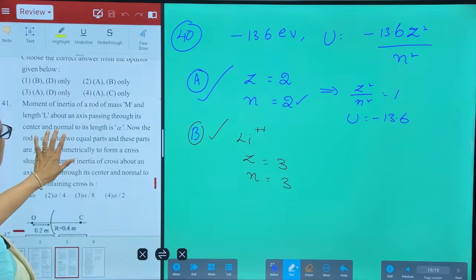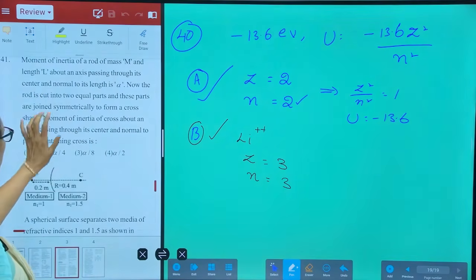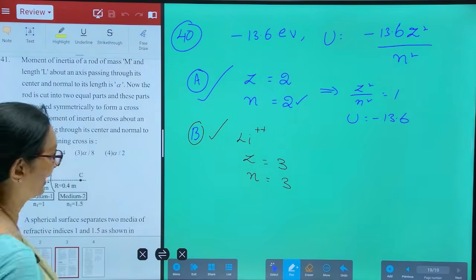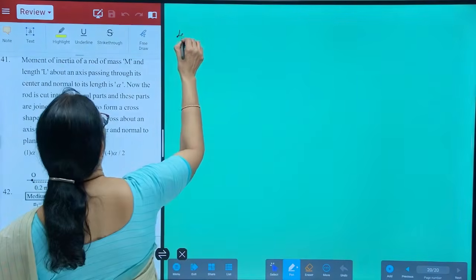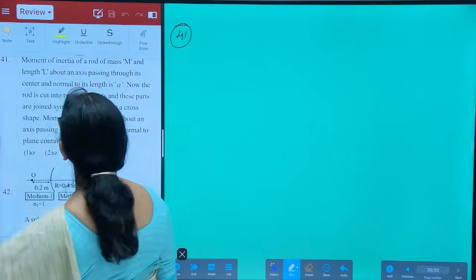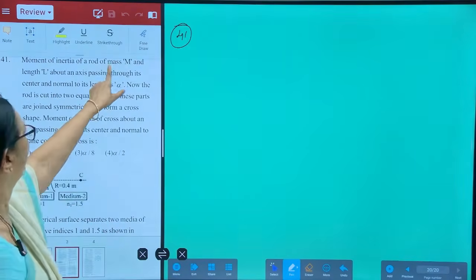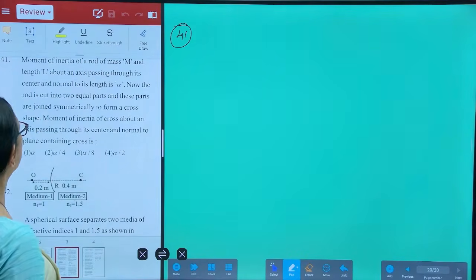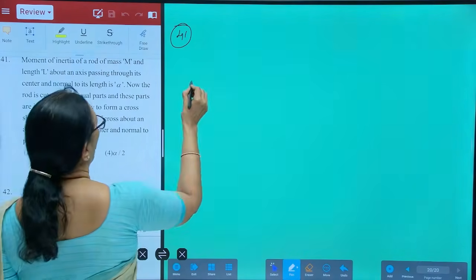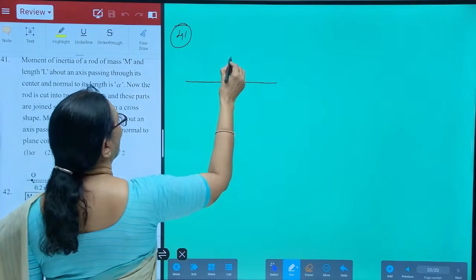Now, let us go to question number 41. Look here. Moment of inertia of a rod of mass m, length L, about an axis passing through its center, normal to its length.